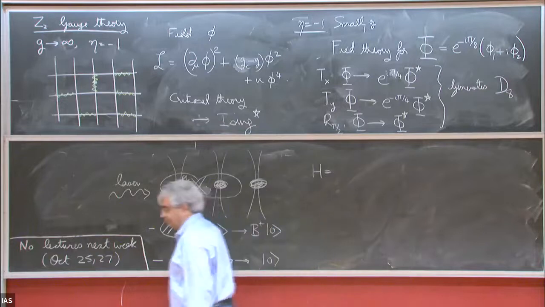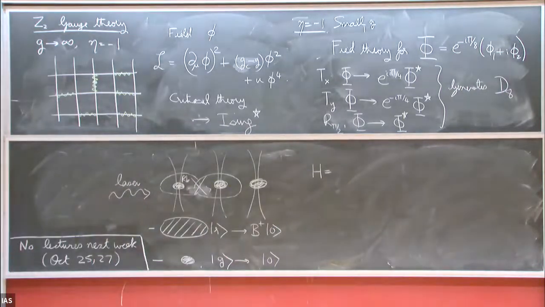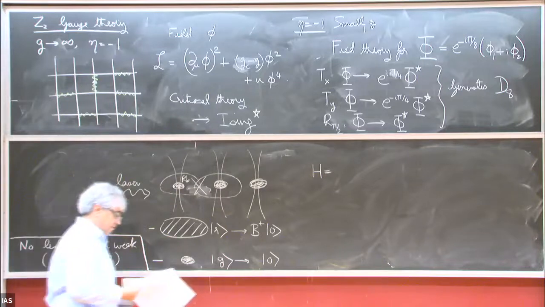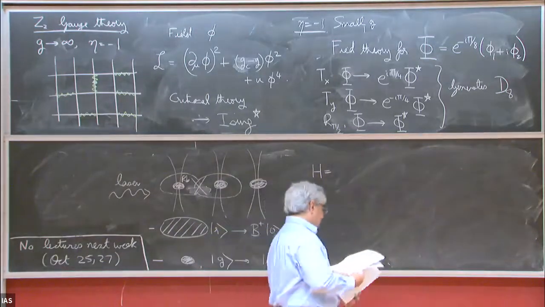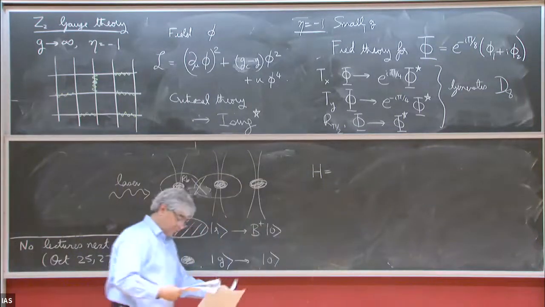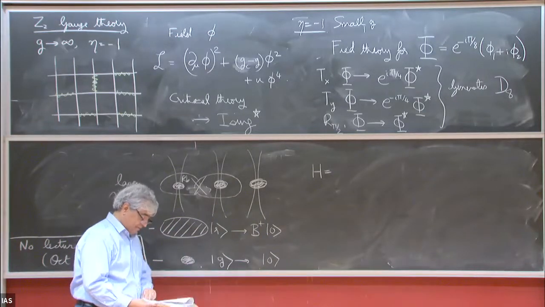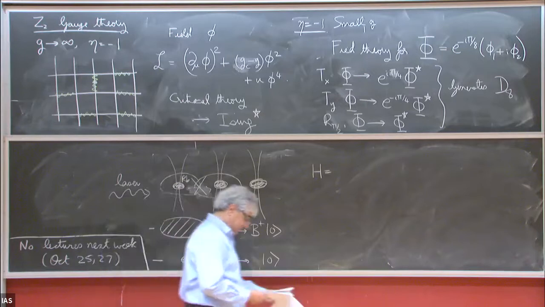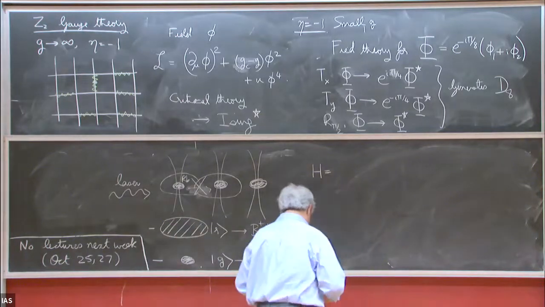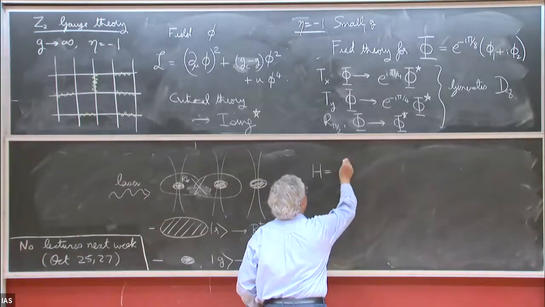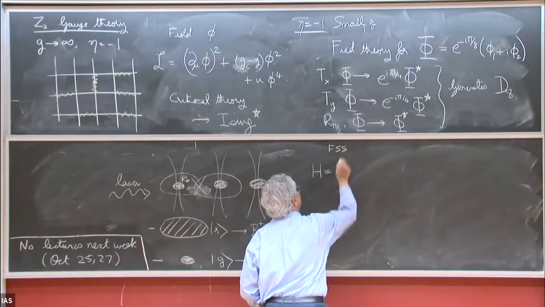Now I can write down the full Hamiltonian and then forget about the atomic physics, and we're just going to study that Hamiltonian. This Hamiltonian was actually proposed by Paul Fendley, Sengupta, and myself a long time ago in a different context. So this is the PXP Hamiltonian.